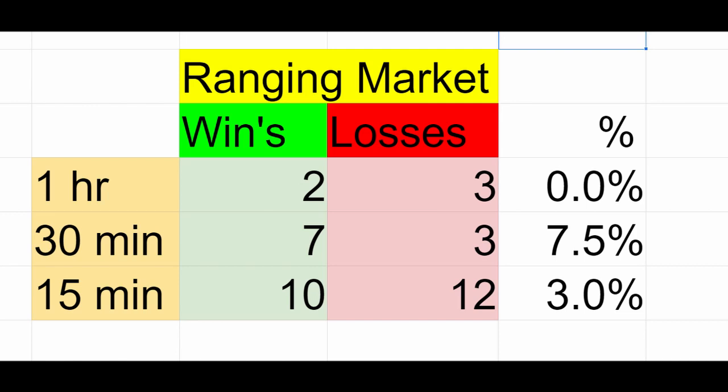On the 30-minute chart, you would have ended up with 7 wins and 3 losses for a grand total of 7.5% profit. And on the 15-minute chart, you would have got 10 wins and 12 losses, coming out 3% ahead. So as you can see, this strategy kind of sucks in a ranging market.